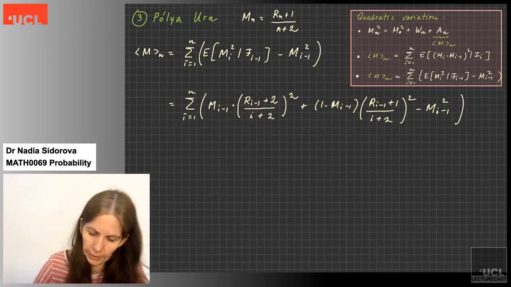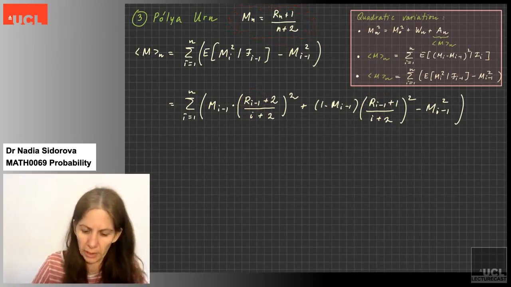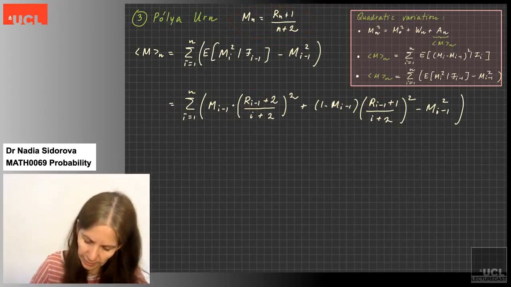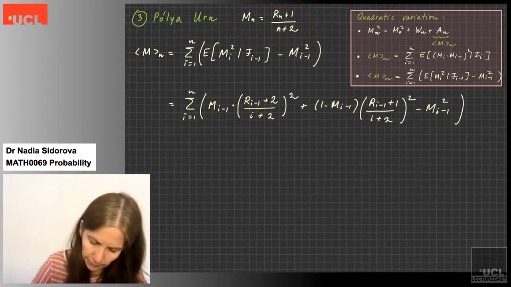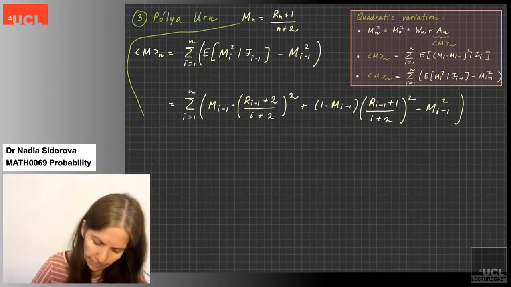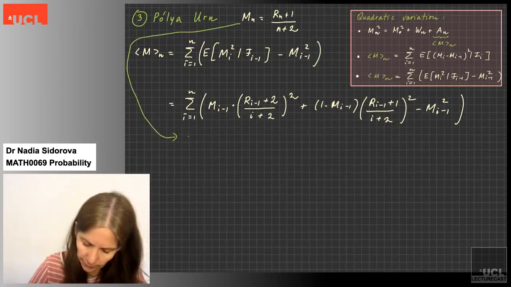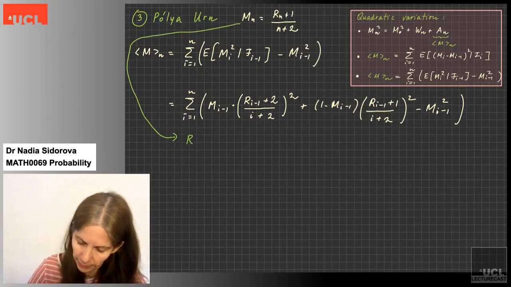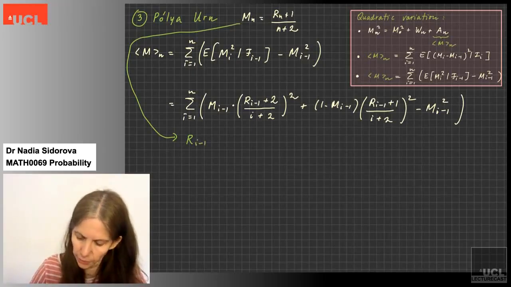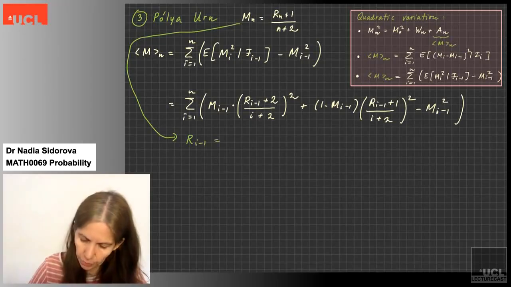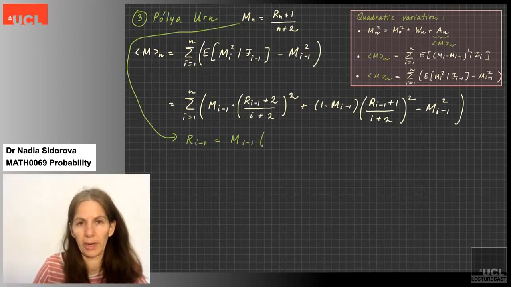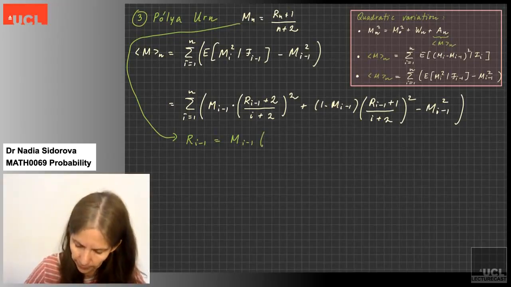I will solve this with respect to R. So R at any time, and I will need it at time i minus 1, is equal to M at the same time, i minus 1, times (i minus 1 plus 2), which is i plus 1, minus 1.